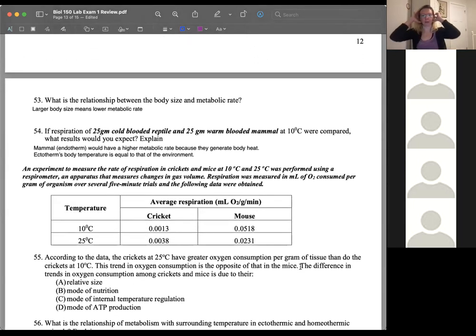Okay, so now it's giving us this data here. It said that rate of respiration was measured in both crickets and mice at 2 temperatures. So 10 degrees Celsius, that's pretty chilly. 25, that's like normal room temperature.